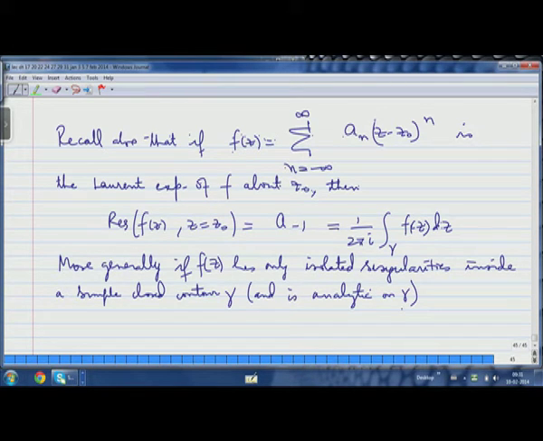So this means that it is analytic on a small neighborhood, an open set which contains the contour gamma. So in particular I am avoiding the situation that there are singular points of the function on the contour.